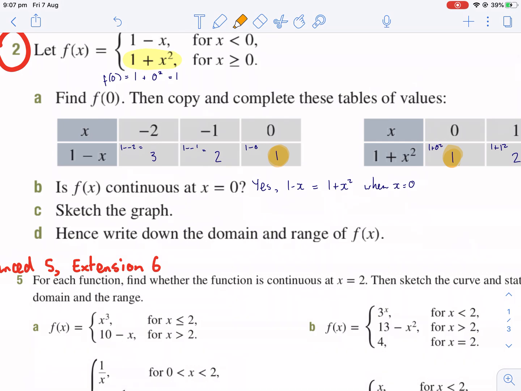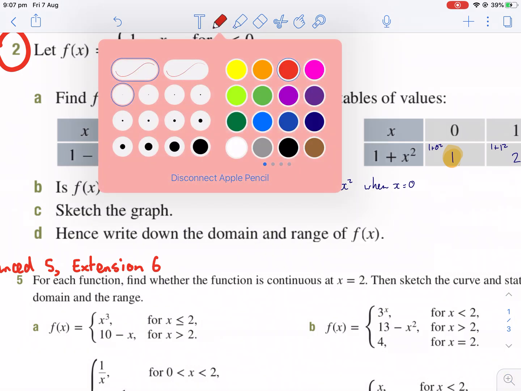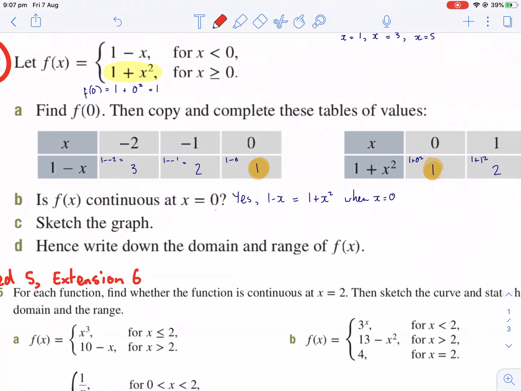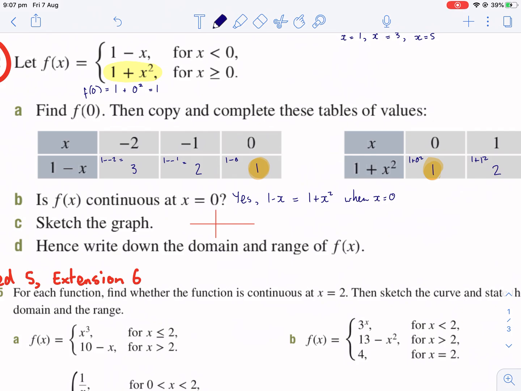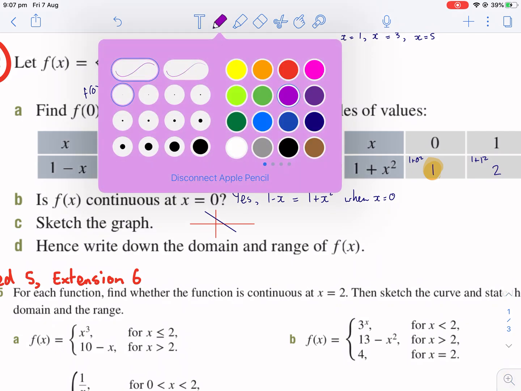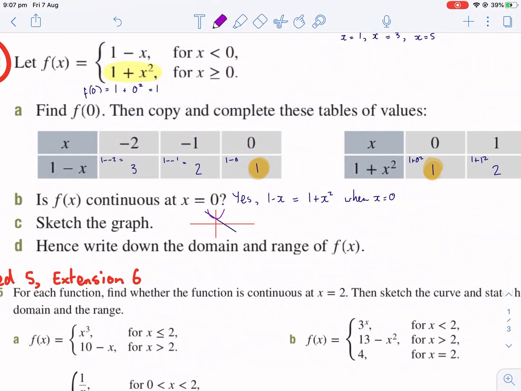If we were to sketch this then, it would look like, I'm not going to do it well. We've got 1 minus x, which is this line. We've got 1 plus x squared, which is this quadratic.